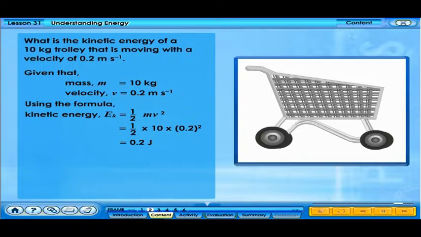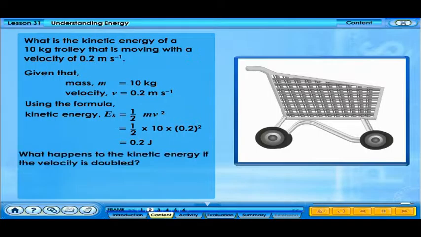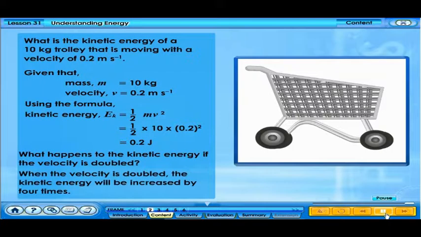So, 0.2 joule of energy was required to move the trolley of mass 10 kilograms with a velocity of 0.2 meter per second. What happens to the kinetic energy if velocity is doubled? When the velocity is doubled, the kinetic energy will be increased by 4 times.